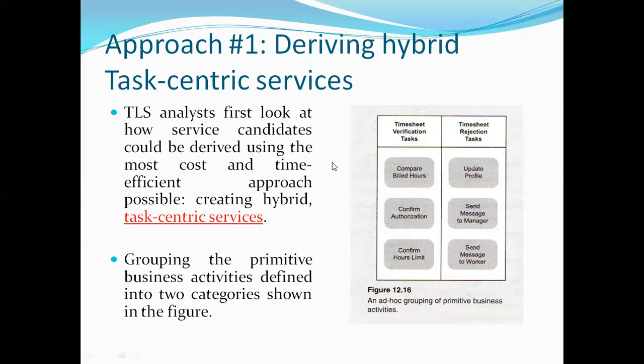Out of these three reasons, they mention the name of the applicable reason and send the message to that individual worker that his timesheet is rejected because of one of these three reasons.